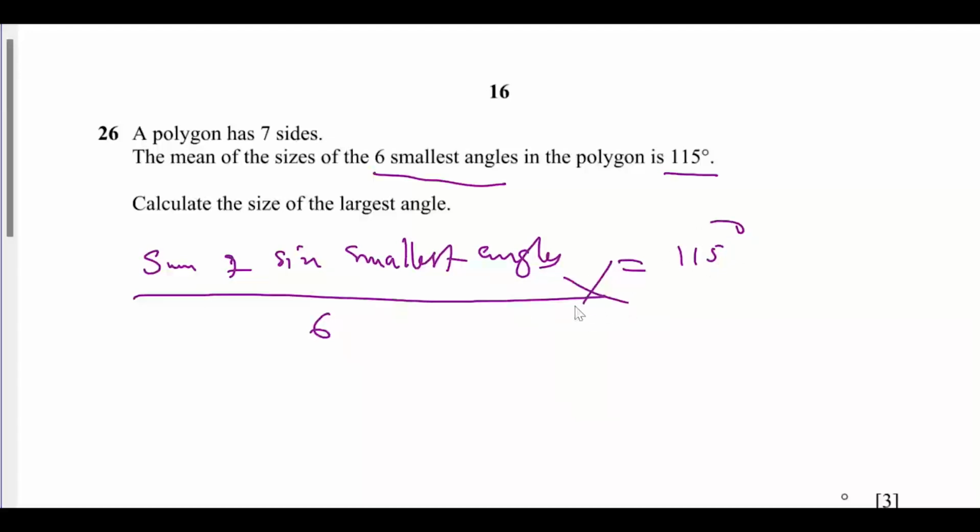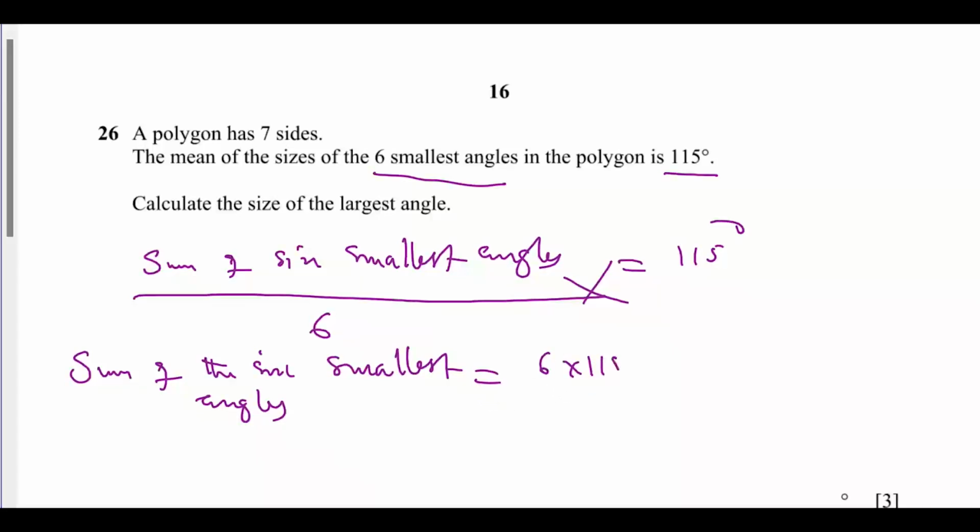So if you cross multiply, the sum of the 6 smallest angles will be equal to 6 times 115 degrees, and that will be equal to 690 degrees.